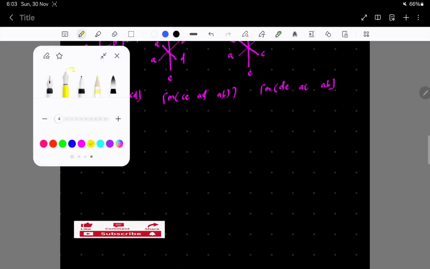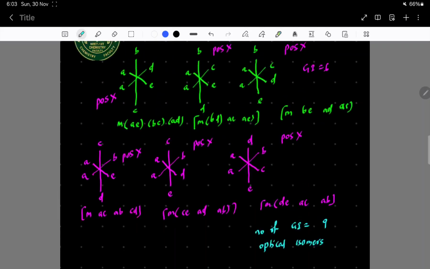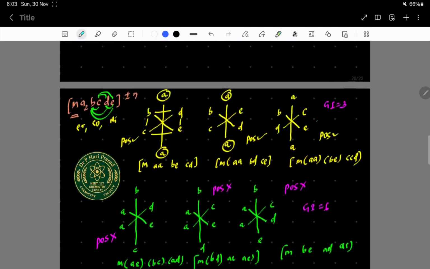Generally the number of geometrical isomers is equal to 6. Now optical isomers. The total number of geometrical isomers is equal to 9, because 3 plus 6 is 9 only.